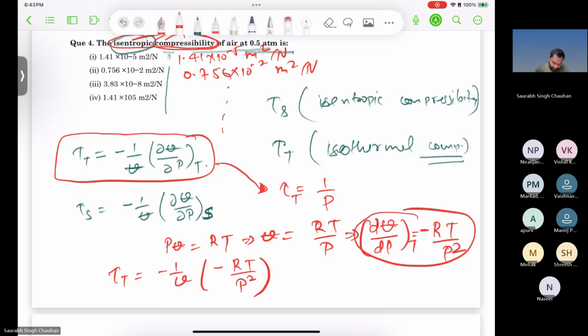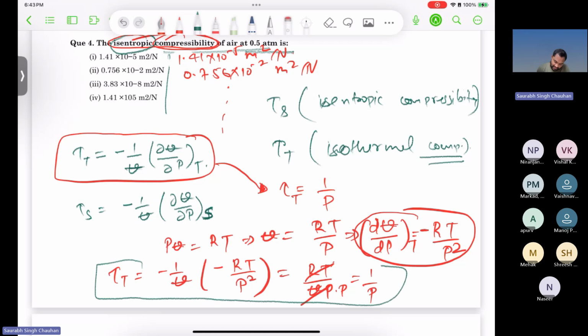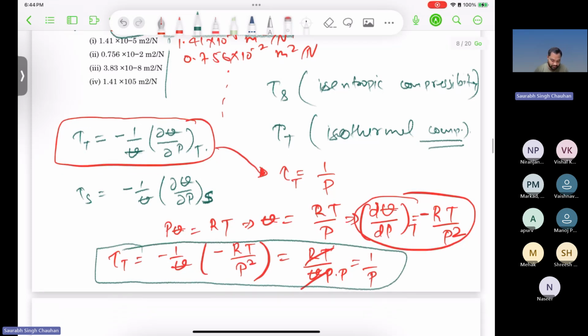Okay. Then RT by P square, or P times P. This RT is equal to PV. So that cancels out and you get 1 by P. Okay. So isothermal compressibility is the reciprocal of pressure.